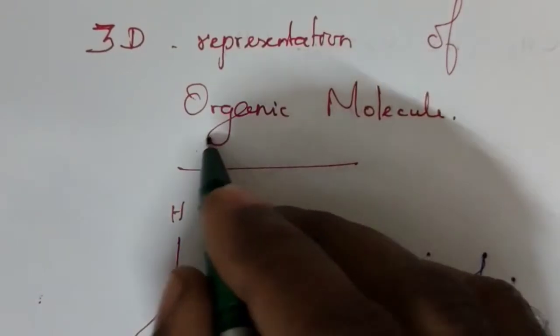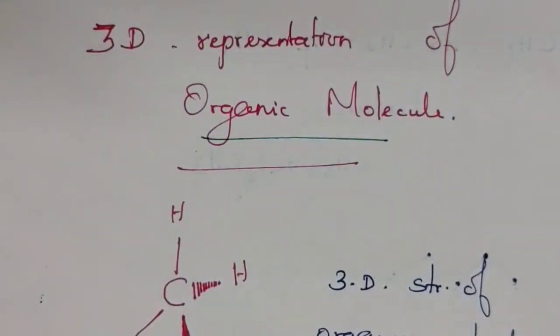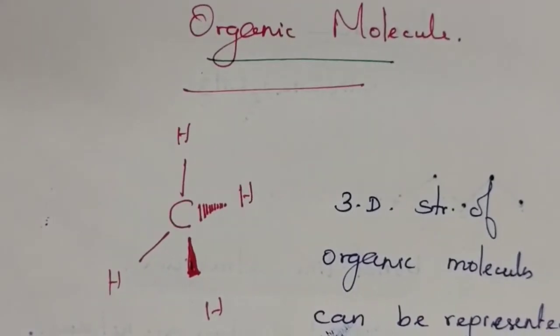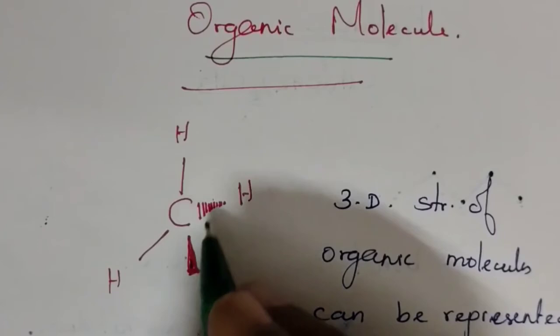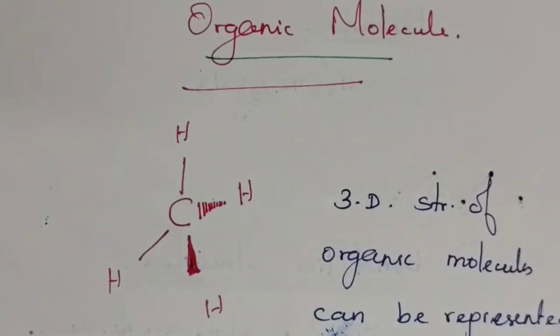Three-dimensional representation of an organic molecule on paper. The three-dimensional structure of an organic compound is represented on two-dimensional paper by using wedges.